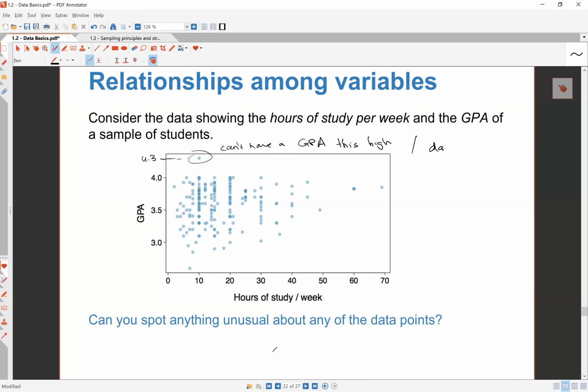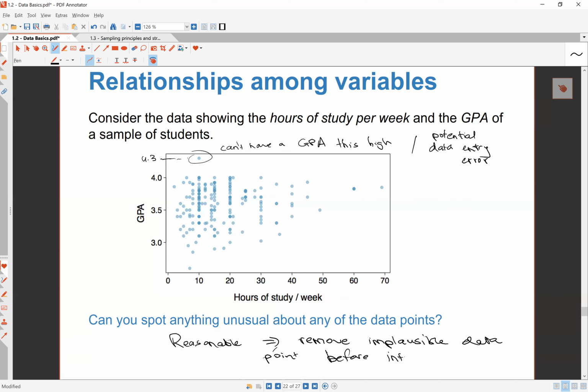So this is a potential data entry error. And so one thing that would be reasonable here is to remove the implausible data point before interpreting the relationship.